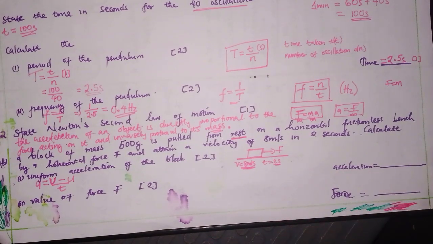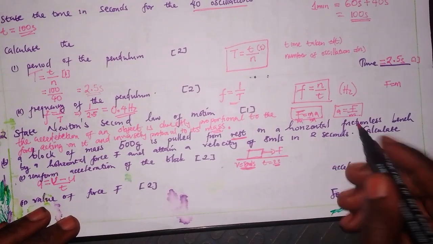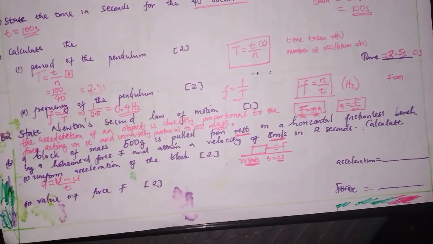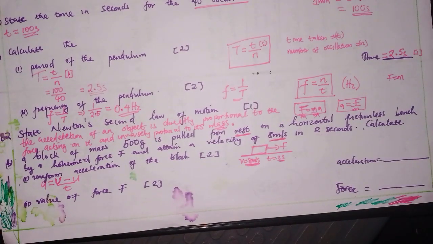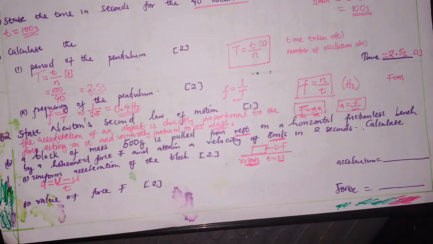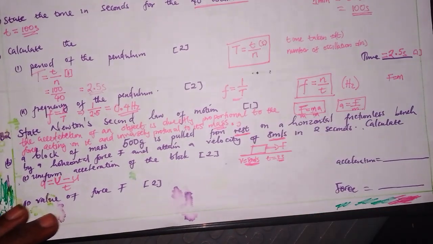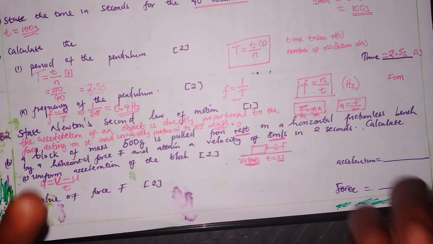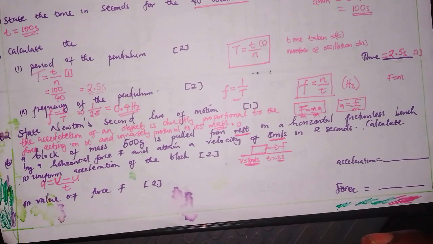Then the question is saying in 2 seconds it attained a velocity of 8 meters per second. They haven't mentioned that it attained another velocity, so this was the final velocity. Our initial velocity was rest, which is 0. So we have all the values now to calculate the acceleration.